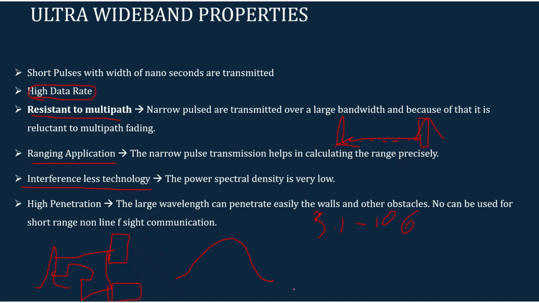At lower frequency it has a higher wavelength, and the wavelength is proportional to the penetration depth. That means that these low frequencies can easily penetrate through walls and other obstacles. So it can be used for short range non line of sight communication.